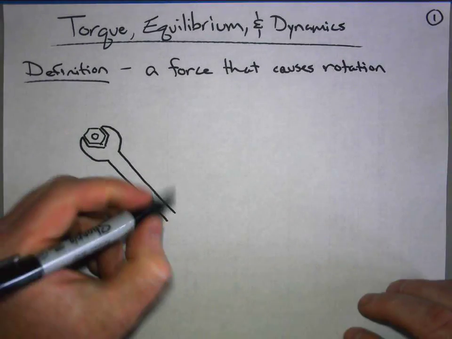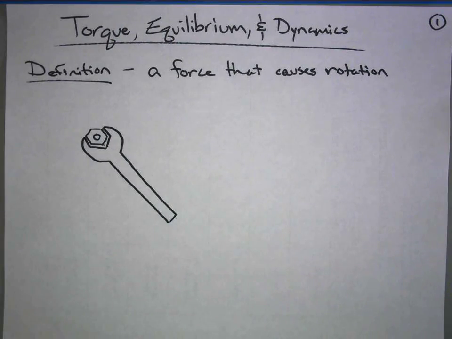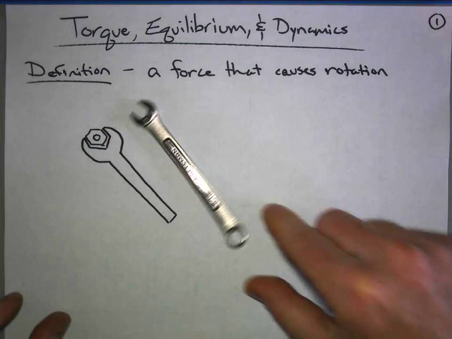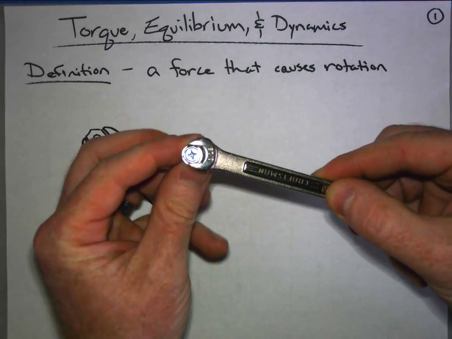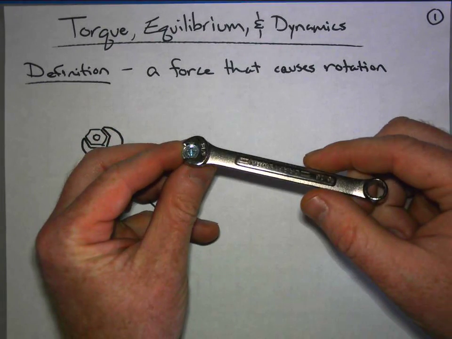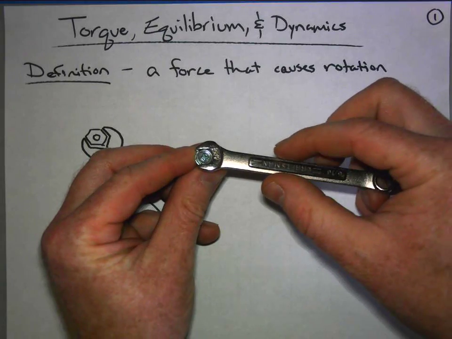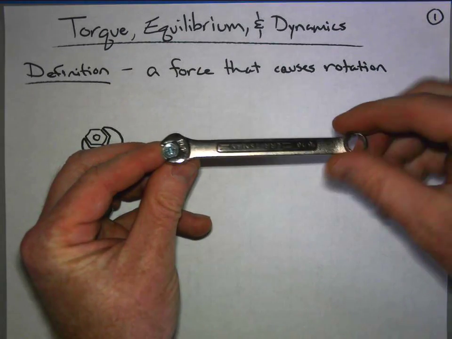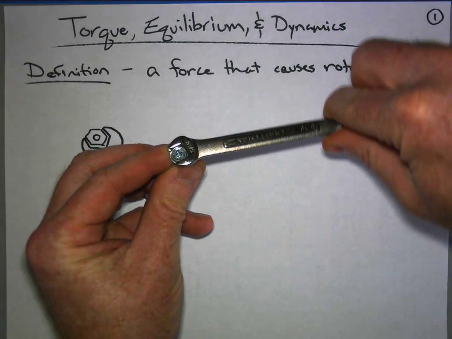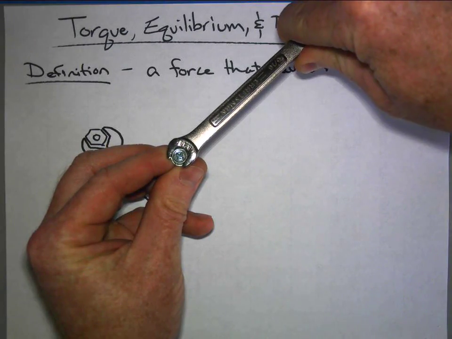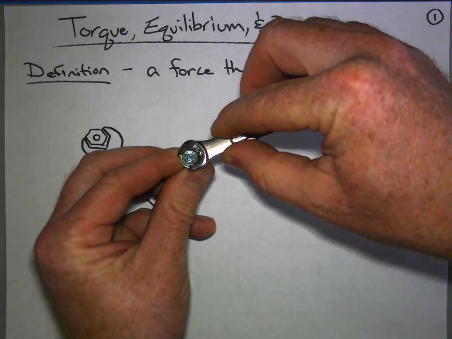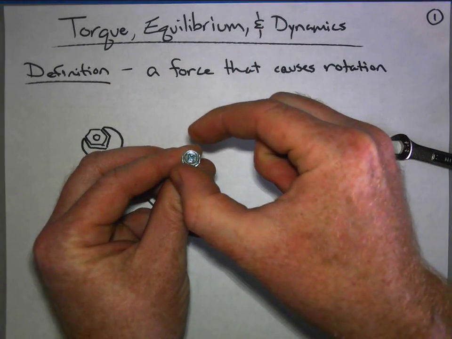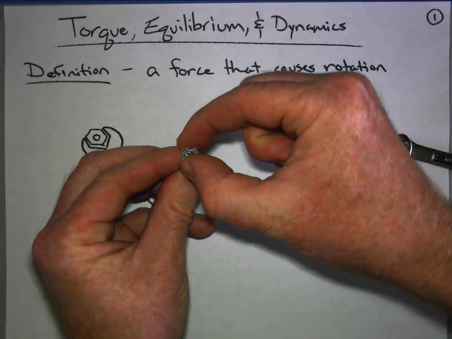Okay, so you can imagine what's going on here. Now, there's a difference in using the wrench between grasping it way out at its end and trying to rotate things, versus grasping it up close, or for that matter, not using the wrench at all and pinching the nut with your fingers and trying to rotate.